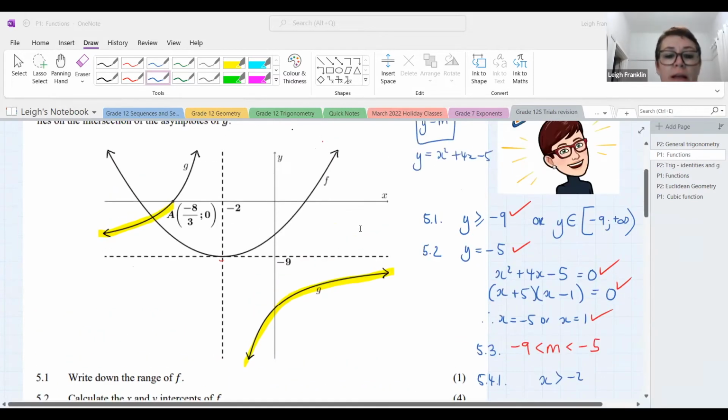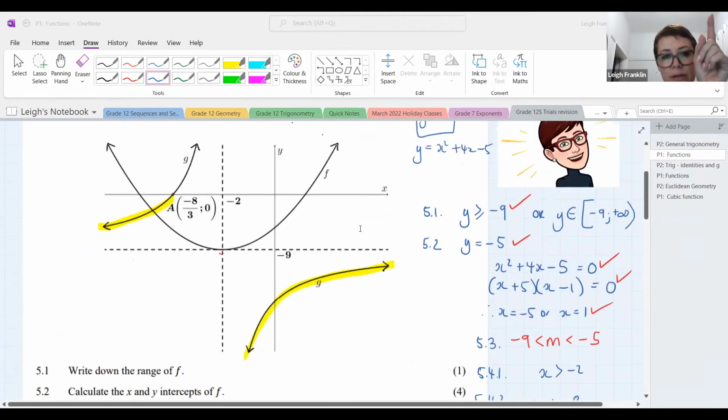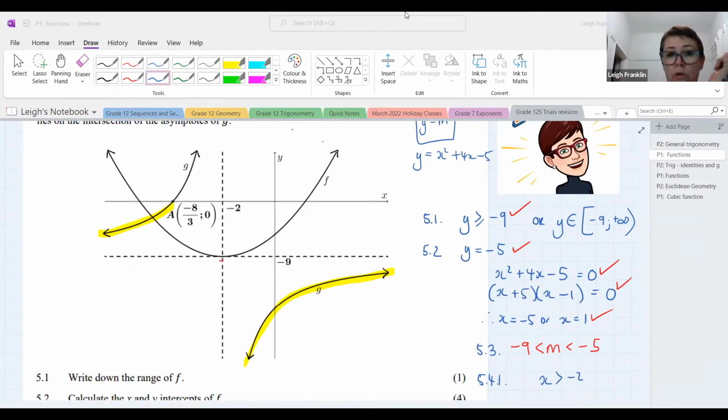The -9 is important for the parabola. We're talking here about the values of x for which g of x is negative. So -9 is an output, it's not an input. Not greater than 0.